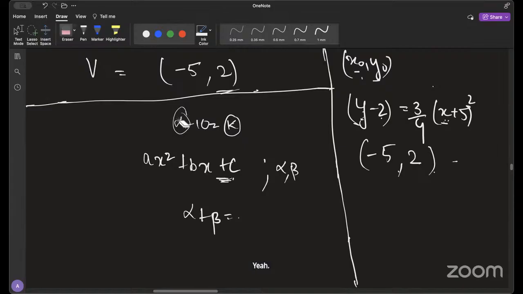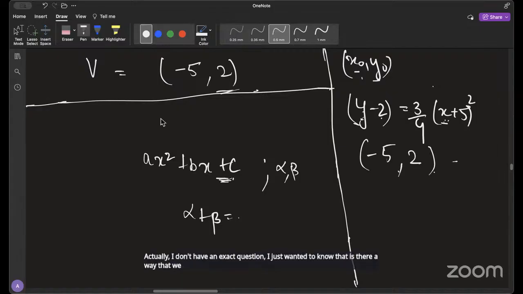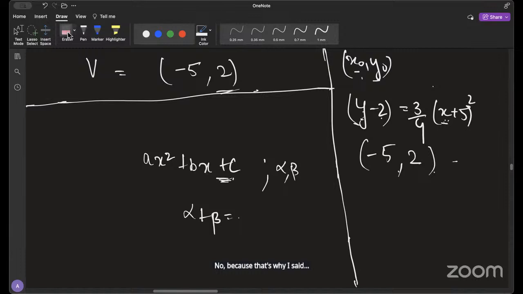Can you tell me the exact question? Actually, I don't have an exact question. I just wanted to know whether there is a way that we define alpha's value and beta's value. Your question is not only incomplete, it's also incorrectly phrased.